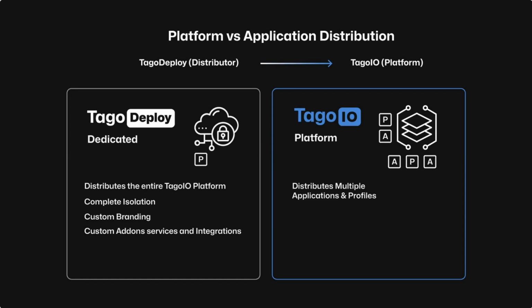What it means is you are going to use TagoDeploy to distribute your own Tago IO platform that has your own brand. And everything inside this Tago IO platform is going to be used only by you. So your own database, you are not sharing resources with anyone. So if something goes down, it just affects other applications and not yours. So this is the real goal of TagoDeploy.